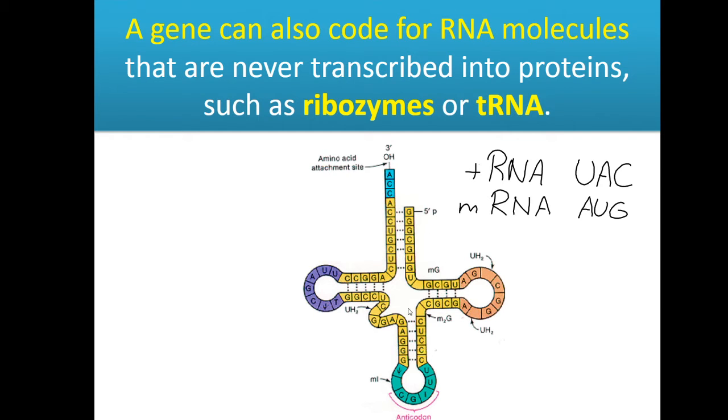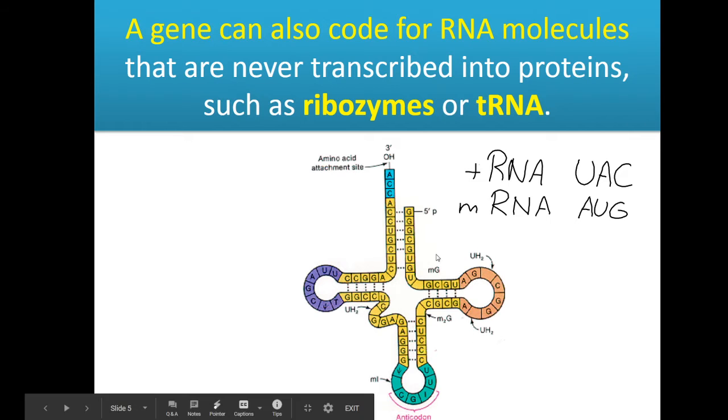Basically it's all produced just like messenger RNA in a big long strand, and then it folds over, wraps around itself. You can see these little dotted lines here because these are hydrogen bonds. And the hydrogen bonds will kind of lock the two opposite sides together in order to kind of make sure that loosely it stays in this shape.